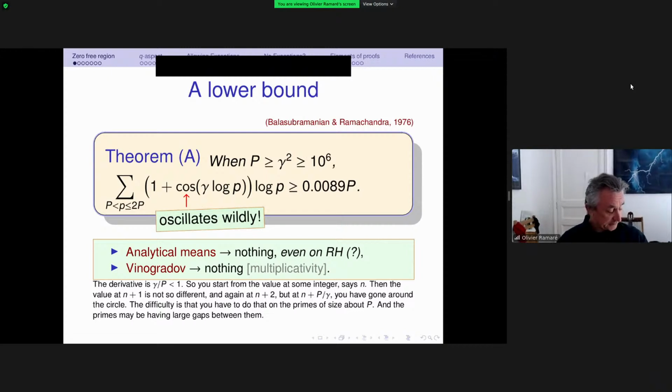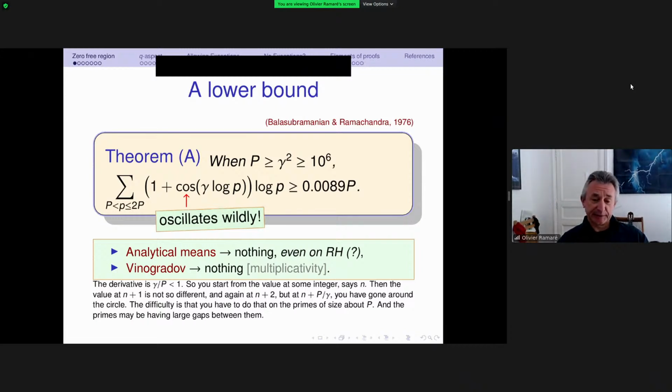If you have some idea about the distribution of primes, to answer this question you would need to be able to localize your prime in an interval of size square root of P around P. And that's something that we cannot do even on the Riemann hypothesis. But still, we can prove that.